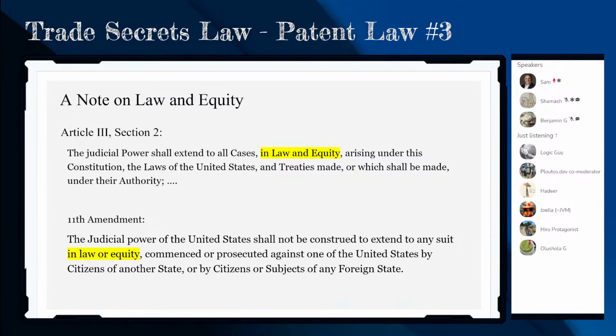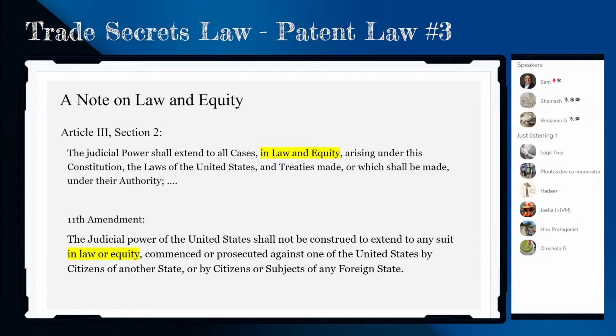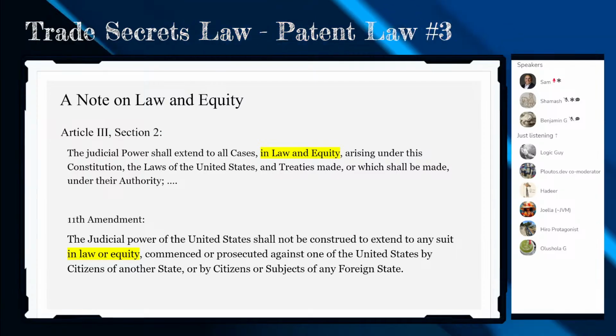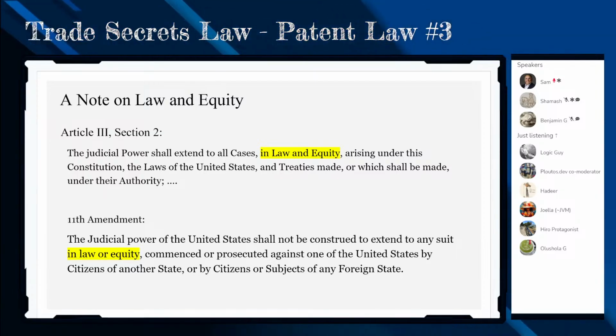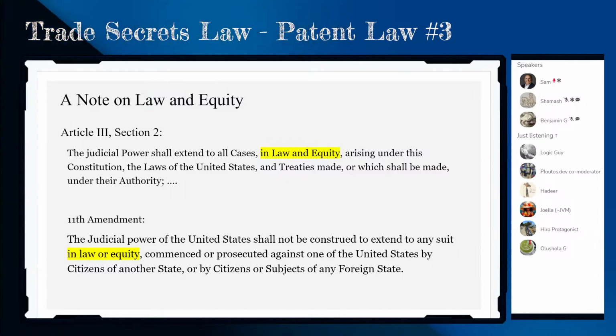Everything after that is by federal law. And so it says that judicial power shall extend to all cases in law and equity arising under the laws of the United States. And the 11th Amendment says the judicial power of the United States shall not be construed to extend to any suit in law or equity commenced or prosecuted by the United States, etc., etc.